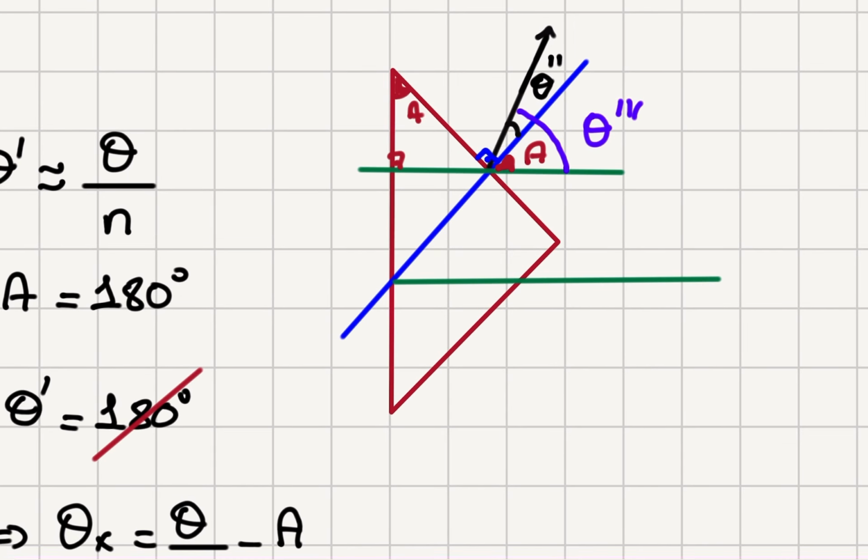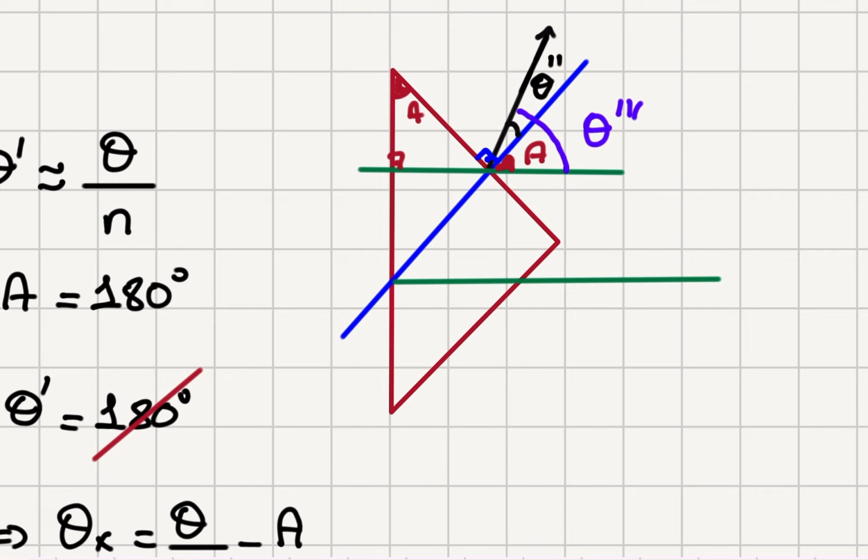As you can see from this construction, this is 90 minus A, this is 90 degrees, and this angle will be equal to A. So A plus theta double prime will be equal to theta triple prime, which is the angle the outgoing ray makes with respect to the horizontal axis.